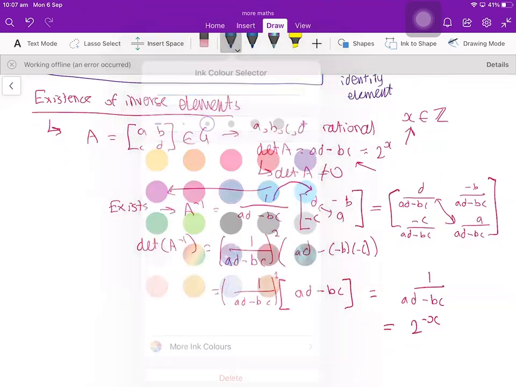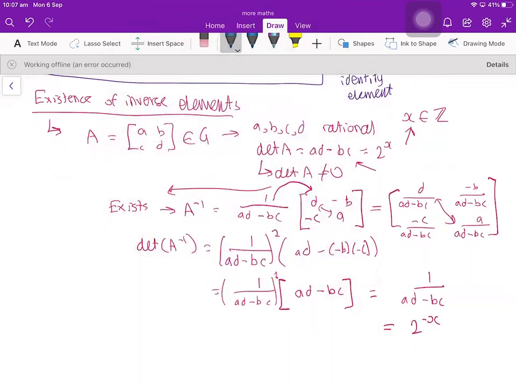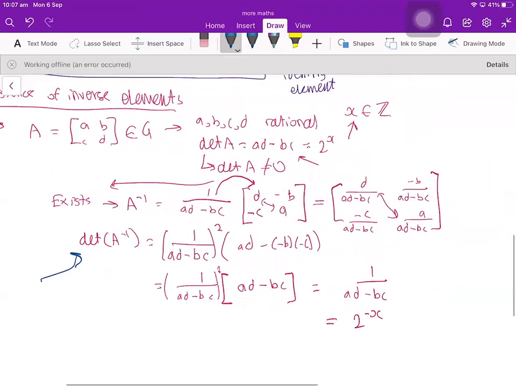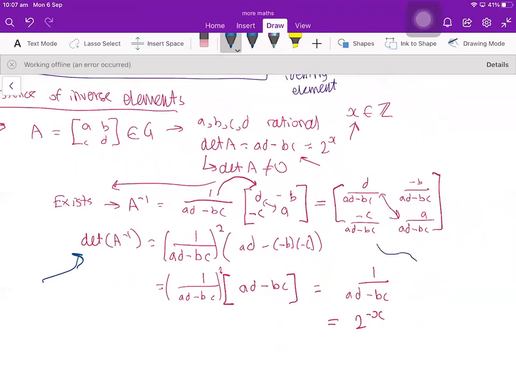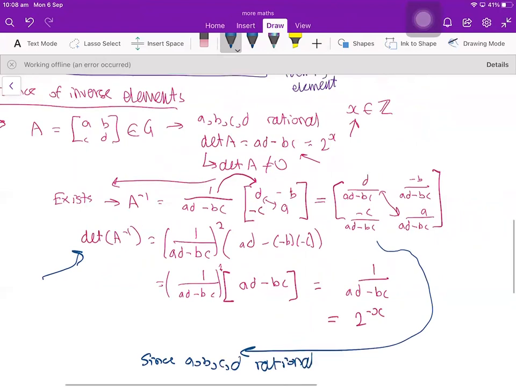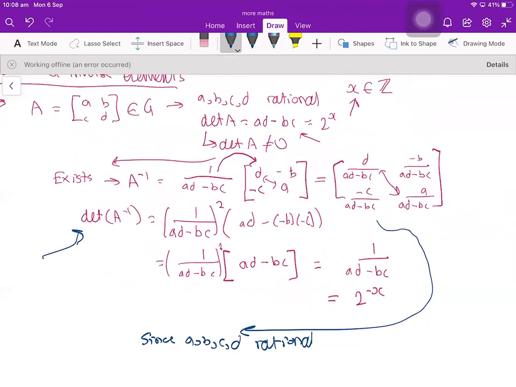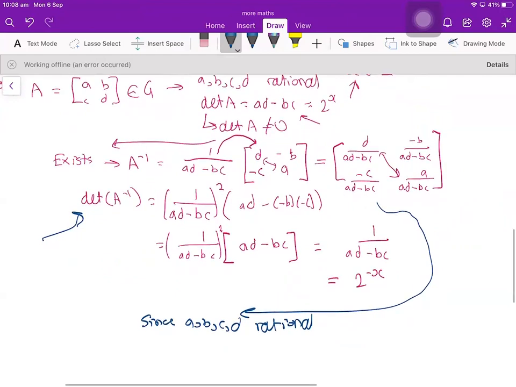So negative x is still an integer, so the determinant satisfies the condition for being in the set G. And again, since A, B, C, D are rational, now we have division involved. Any combination of adding, multiplying, or dividing rational numbers is rational.